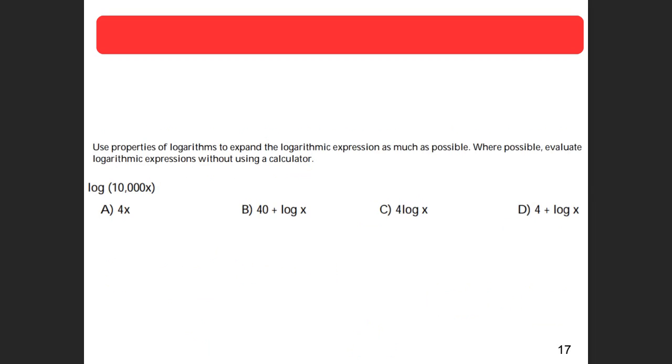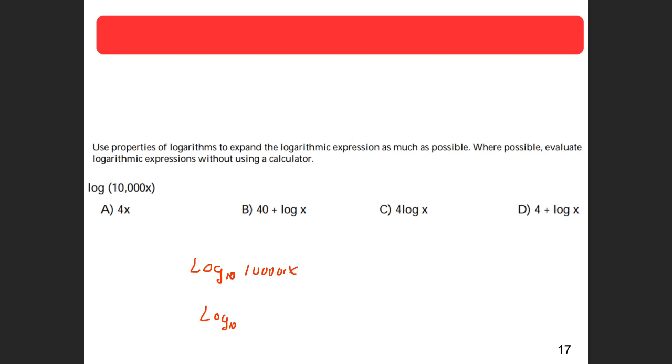All right. Use the properties of logarithms to expand. Now, if there's not a base for a log, it is assumed to be 10. It's not even assumed, it is a 10. So I'm going to rewrite this as log base 10 of 10,000x. Since it's a multiplication, I'm going to use a plus sign.